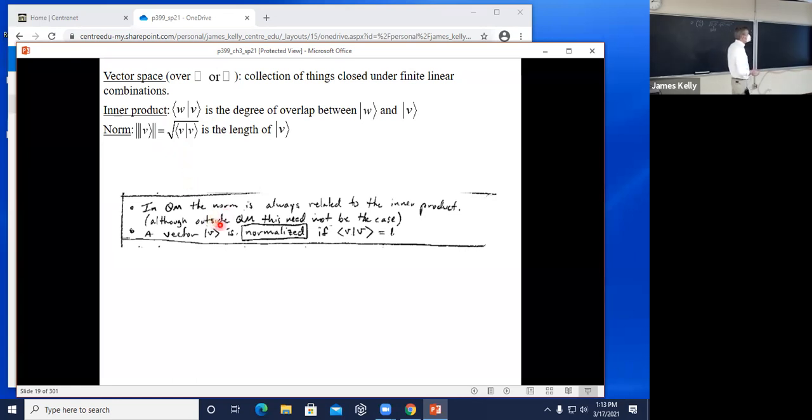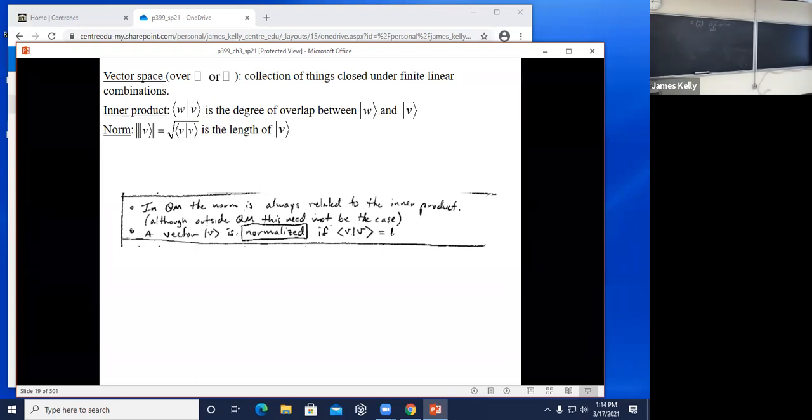And we say a vector is normalized if the inner product of itself is 1, which means the square root of the inner product of the vector with itself is 1, which means the norm of the vector is 1. Okay, I think there's another one on here that I wanted you to do.